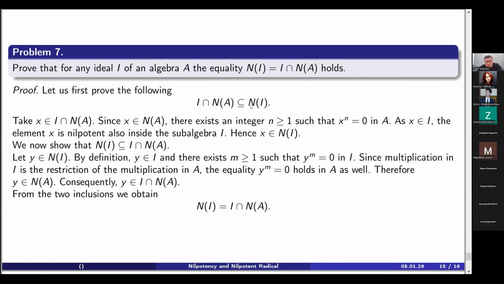Let us first prove the following: I intersection N_A is a subset of N_I. Take an element x in I intersection N_A. Since x belongs to N_A, there exists an integer n such that x to the n is equal to 0, because N_A is a nilpotent ideal of A. As x is in I, the element x is nilpotent also inside the subalgebra I. Hence, x is in N_I.